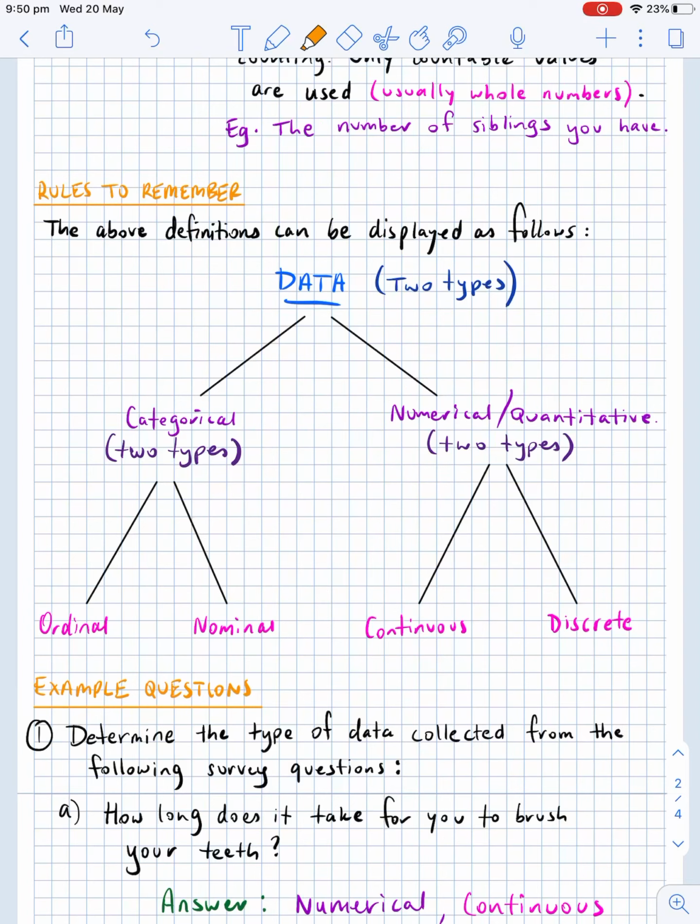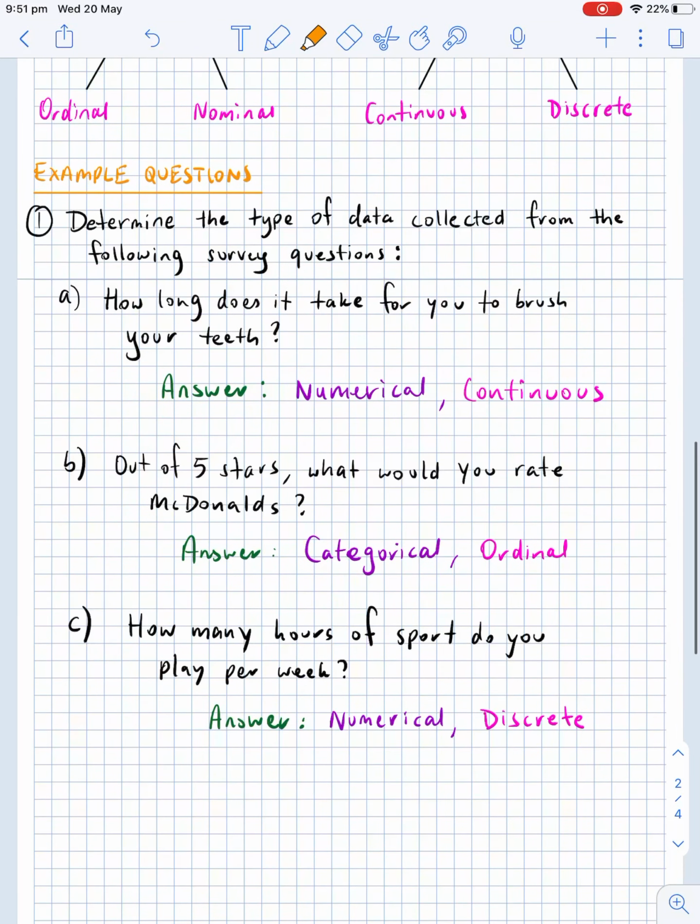So it's really important to be able to understand this graph, because in questions when they're asking what sort of data a question is following, you've got to be able to tell which one of these two it is, and which one of these two it would be. So let's practice that. Let's just do a few questions.